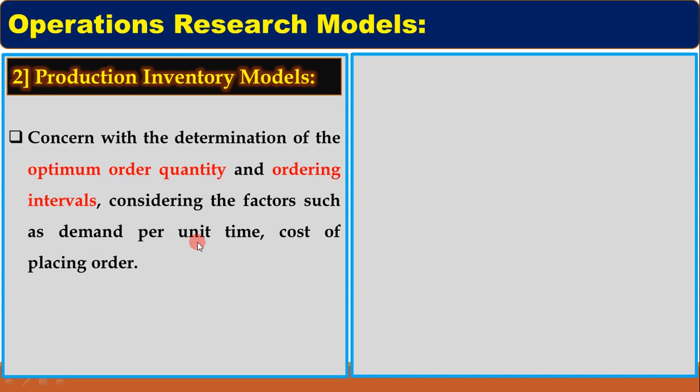If demand per unit time is increased, then the optimum order quantity must be increased and ordering intervals must be decreased. That is, the interval between two orders can be minimized and quantity can be increased if demand per unit time is more.